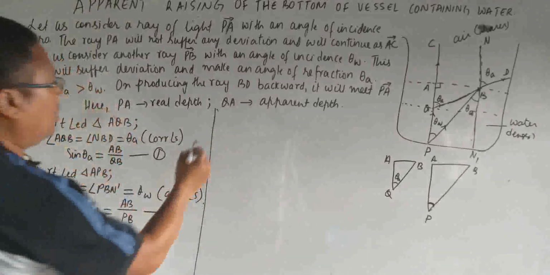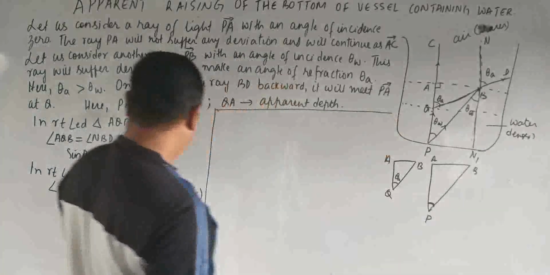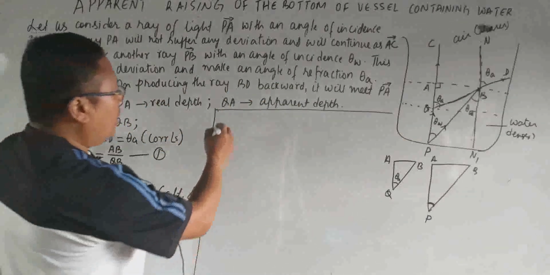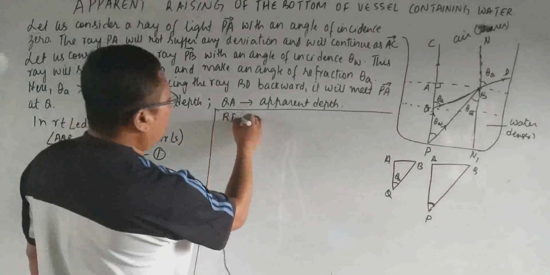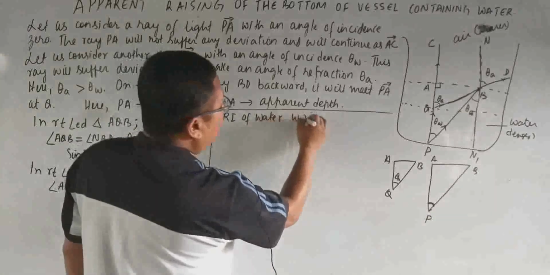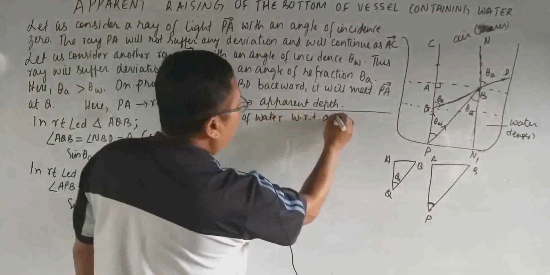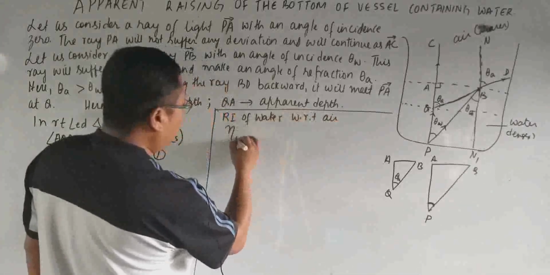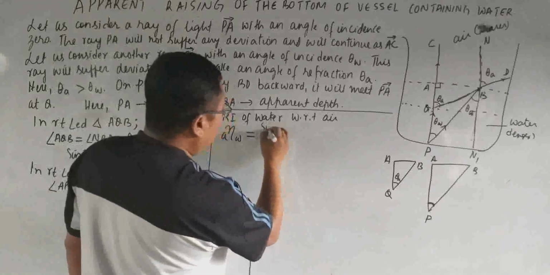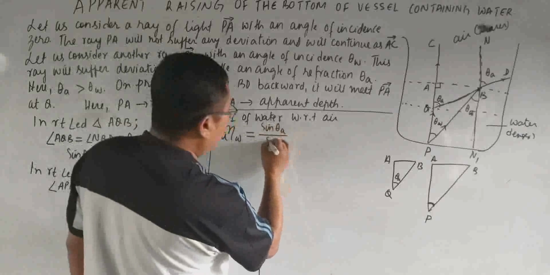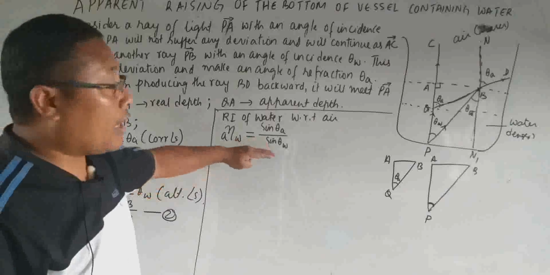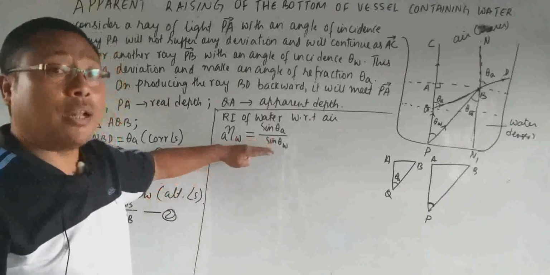Now, we're going to take the refractive index. The refractive index of water with respect to air will be given by nu WA equal to sine theta A by sine theta W. This is according to the second law of refraction, or in other words, Snell's law.